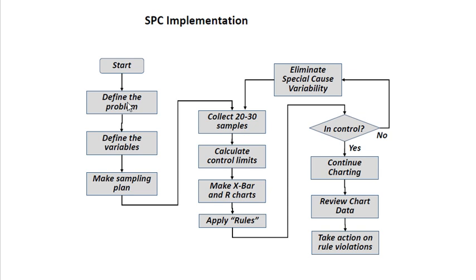So first you're going to define the problem, you're going to define the variables, and then you're going to make the sampling plan, meaning we're going to collect the data. Then of course you collect 20 to 30, so that's your sample. And then you're going to calculate your control limits, and then you're going to get your mean, and then we're going to put that data into R charts.